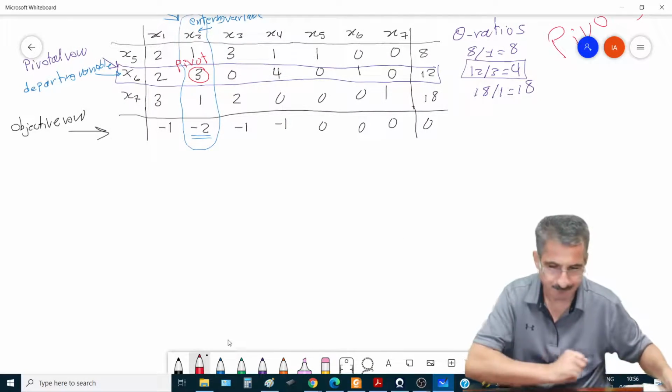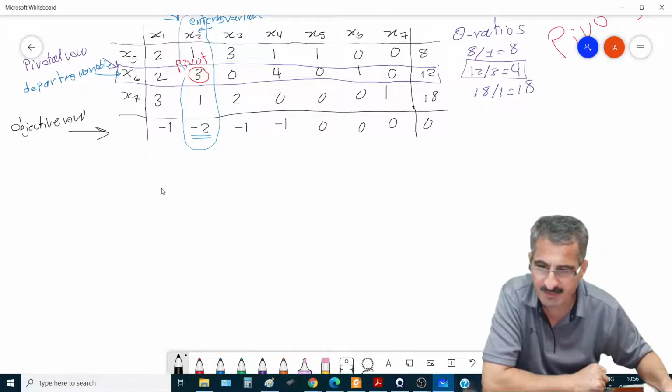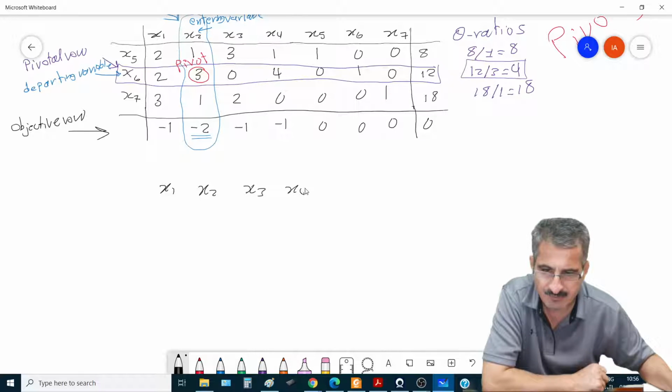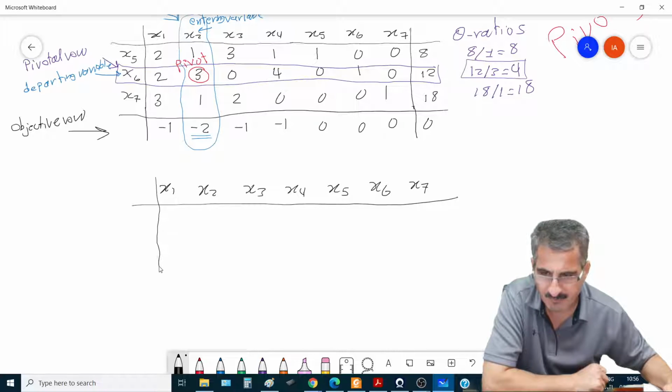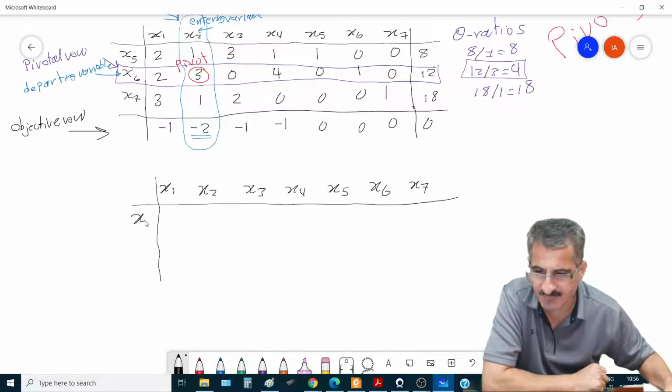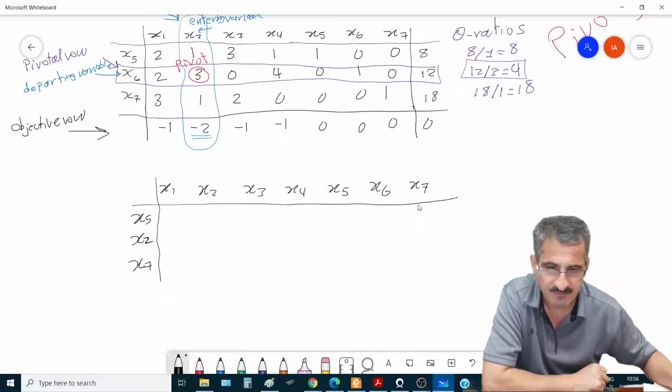So again, we will write x1, x2, x3, x4, x5, x6, x7, and now we will have here x5, x2. So we'll have, instead of x6, x2, and here x7.